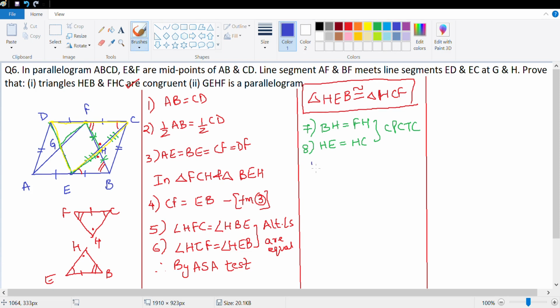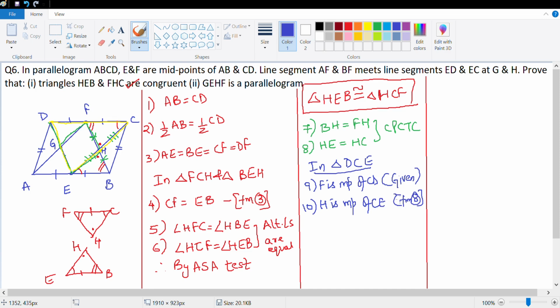So, in triangle DCE, number 9, F is midpoint of CD. This is given. And number 10 would be H is midpoint of CE. This is from 8. Since both of them are equal, which means HE and CH are equal.